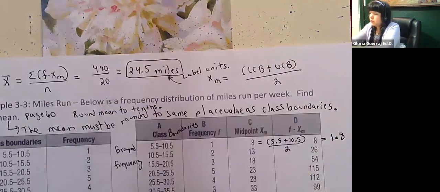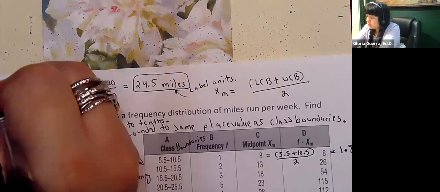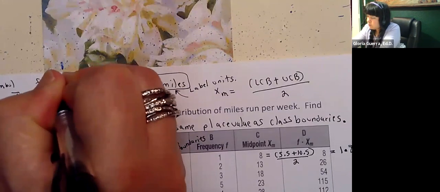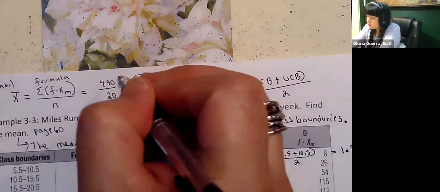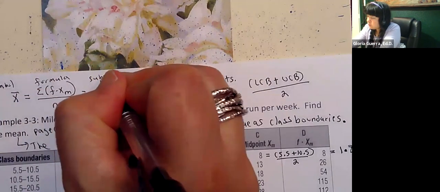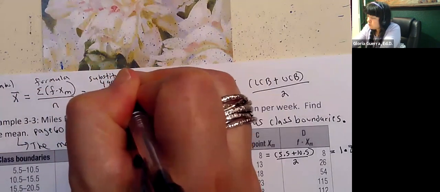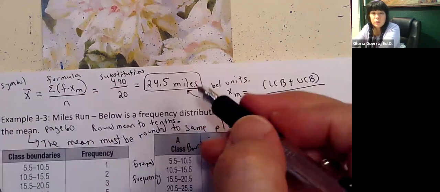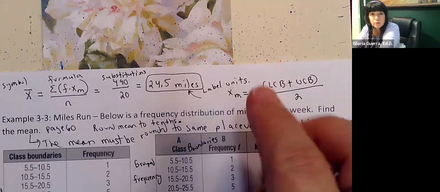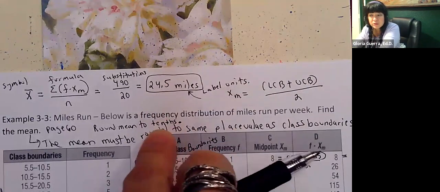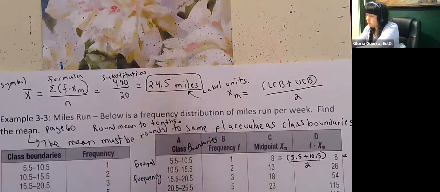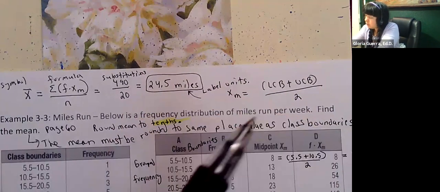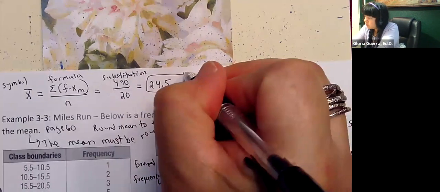Okay, so you have the symbol, you have the formula, you have your substitutions. Okay, you have your answer, and then we didn't have to round. It already terminated on its own on the tens. You round to the tens place, and it already did. And then you have your units.